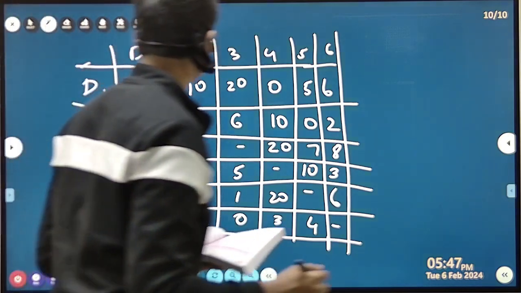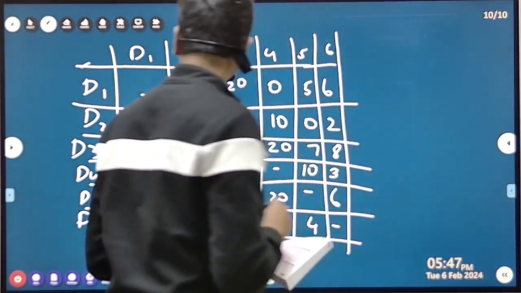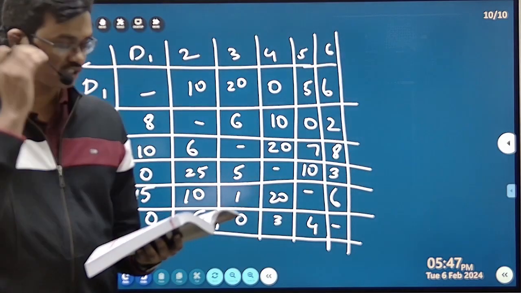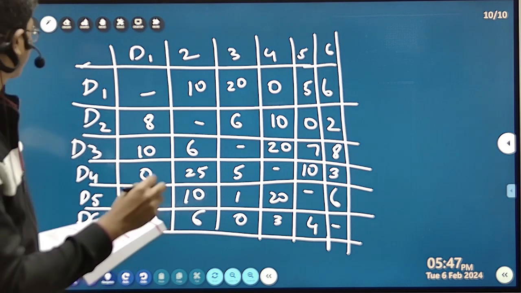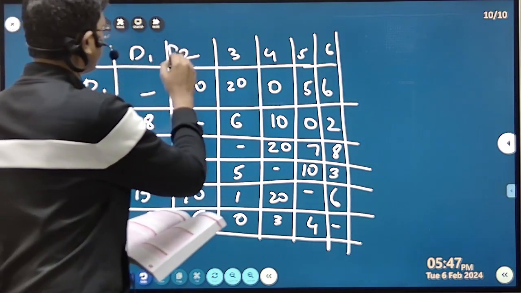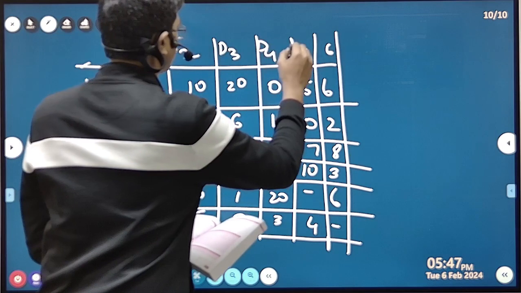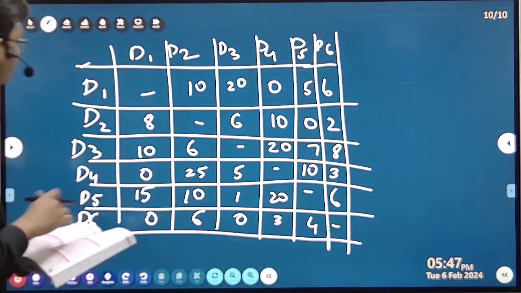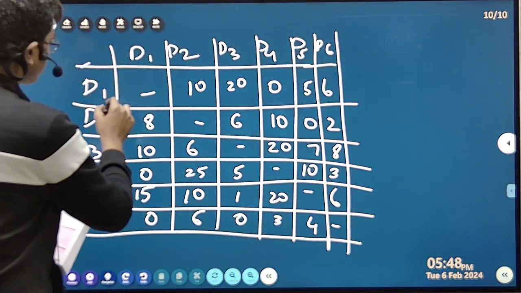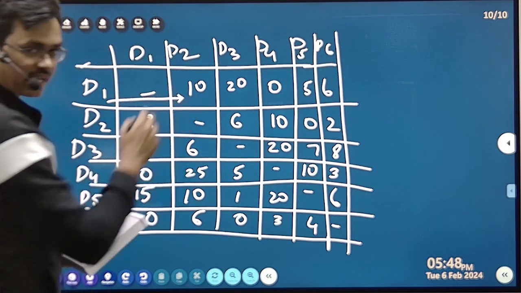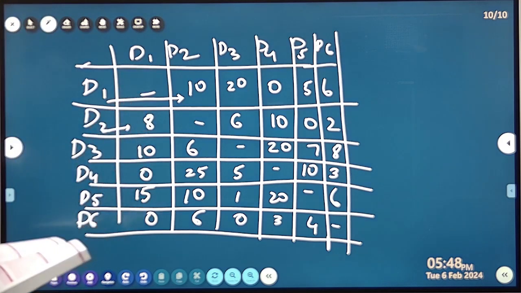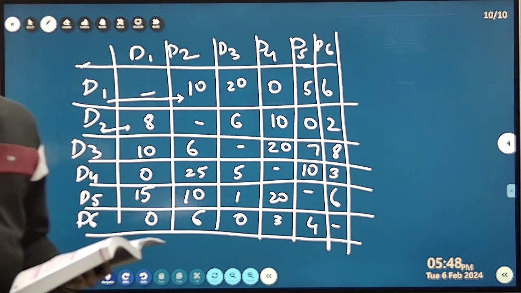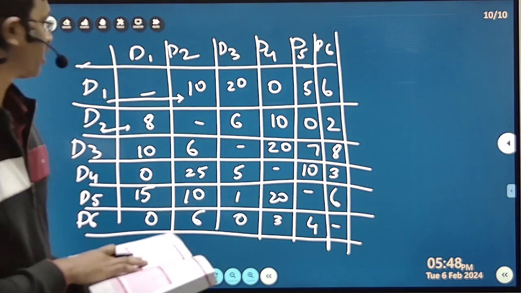So now what we are trying to do is see what is the frequency between two unique departments. If you see the movement between D1 and D2, from D1 to D2 10 times there's a movement, and from D2 to D1 this is 8 times movement, right. So as I told you, we are determining the number of movements between two departments.